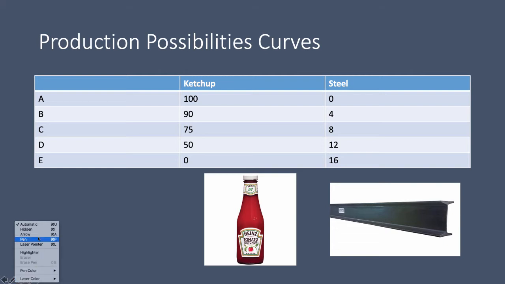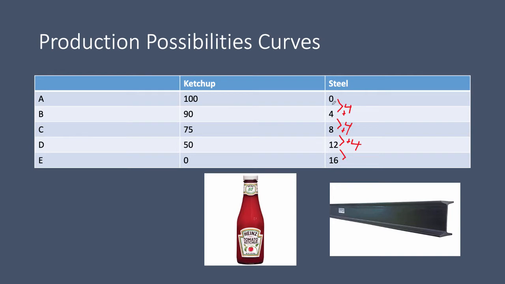take a look at one of the features of this model, of this graph, what we would see is that as we move from one point to another, we're increasing our production of steel by 4 units every time.